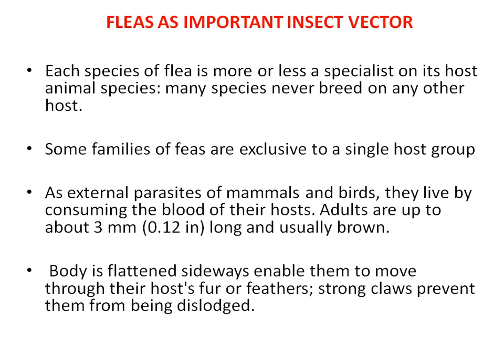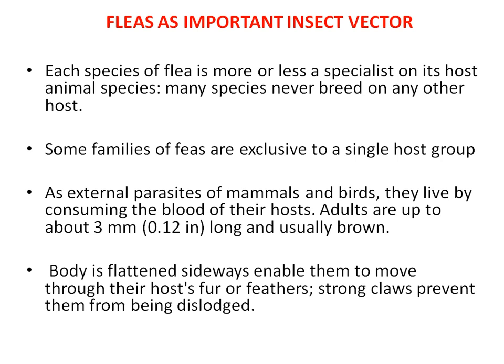Some families of fleas are exclusive to a single host group, not closely related ones. A single host group is very peculiar. As external parasites of mammals and birds, they live by consuming the blood of their host. Adults are up to about 3 millimeters in length and usually brown in color.